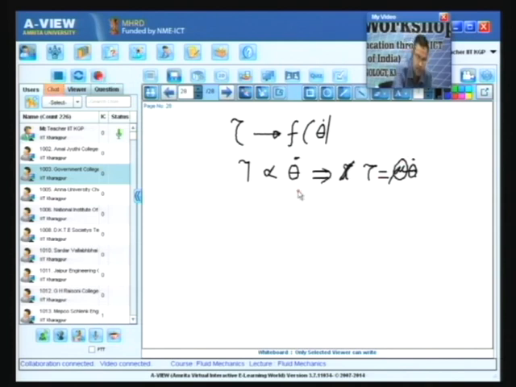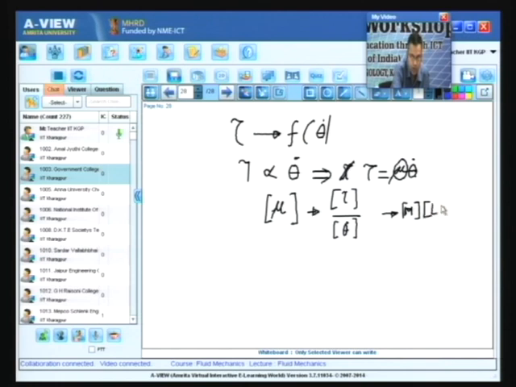So the dimension of mu is the dimension of tau by the dimension of theta dot, which is M L to the power minus 1 T to the power minus 1.